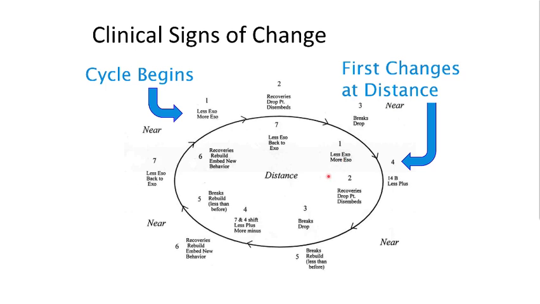So if you look at a slice through this, at this point in the analytical, you'll see ESO both at distance and near. And then we continue.